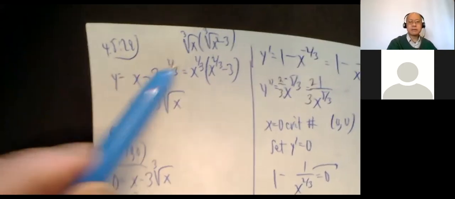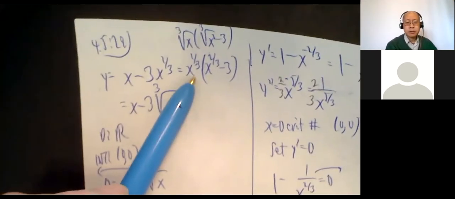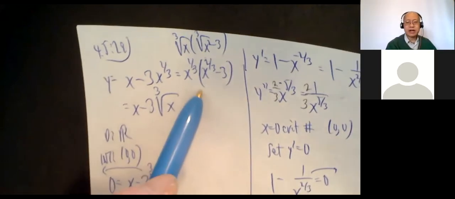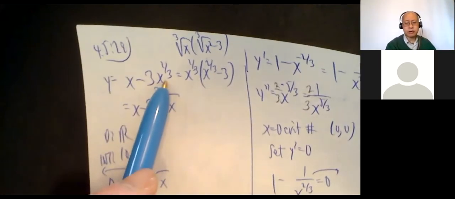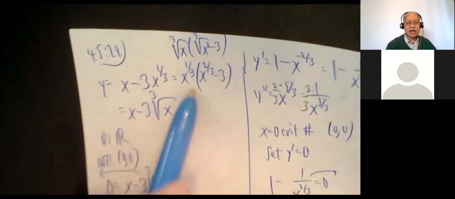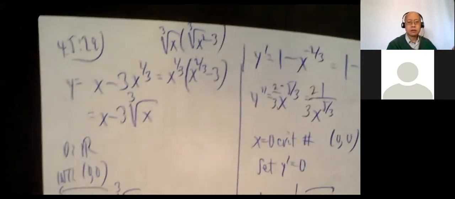But in terms of intercepts, it's best for me to do some factoring here. I factor out x to the 1/3. I know that's kind of a weird thing to factor out, but what led me to it is I see x to the 1/3 right over here. If I take an x to the 1/3 out of x, I have x to the 2/3 left, and then minus 3.